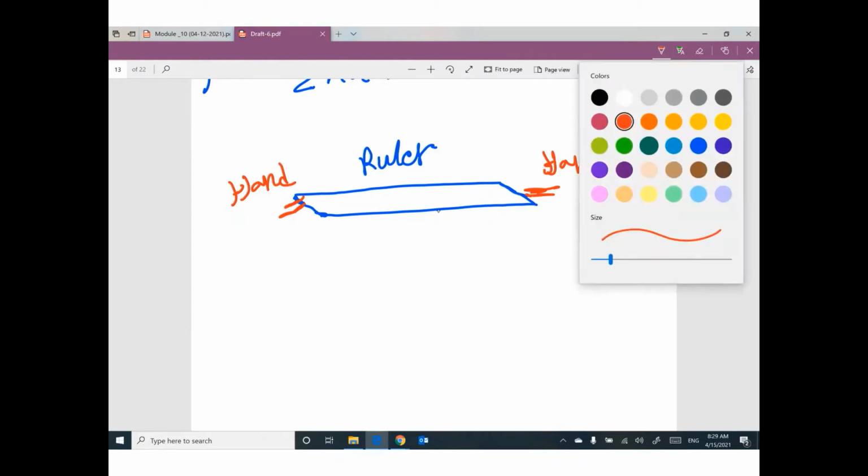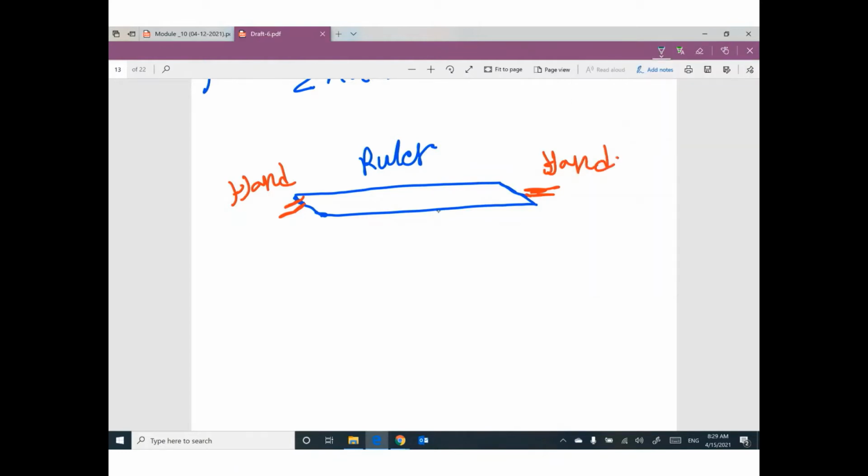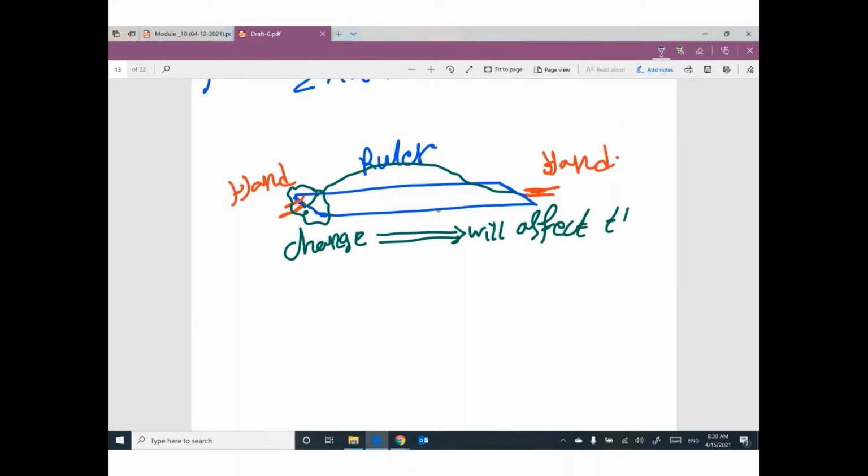If you try with this side to rotate this end, I believe you will have this deformation. So any change on this side will affect the other side.